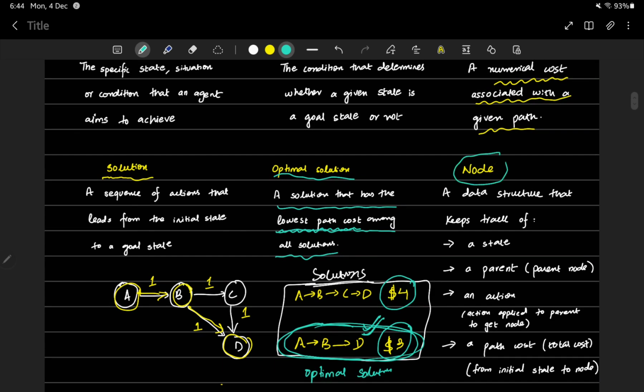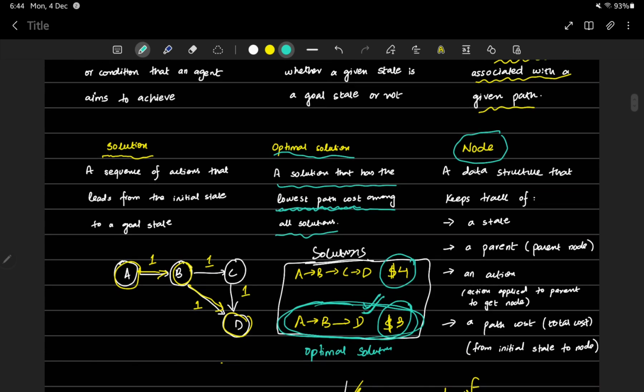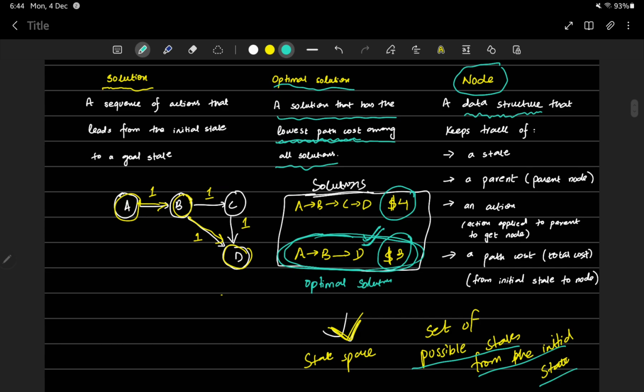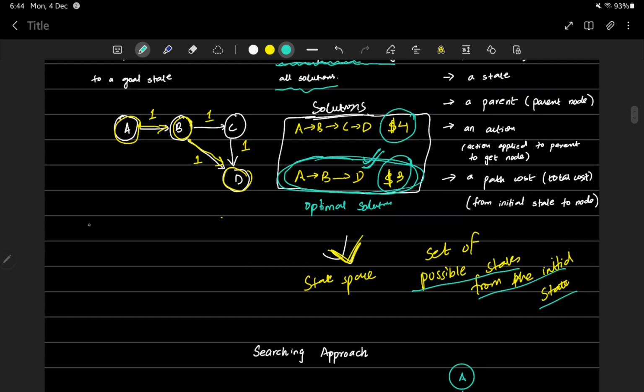What is a node? If you haven't studied data structures or even basic programming, you might not know what a data structure even is. But the simplest way you can understand it is it is something where we store data. That's it. We use it to store data.